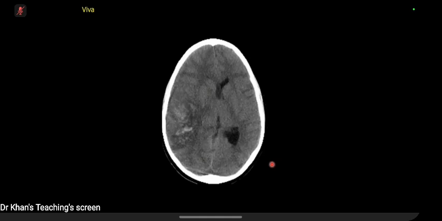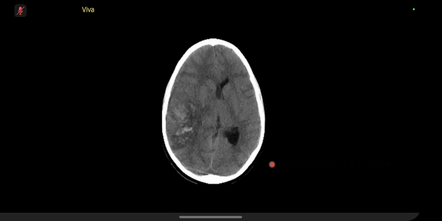There's also effacement of the lateral ventricles on the right side with some midline shift towards the left. So these are in keeping with intraparenchymal hematomas or hemorrhage with edema around it and signs of pressure effect on the ventricular system with midline shift.